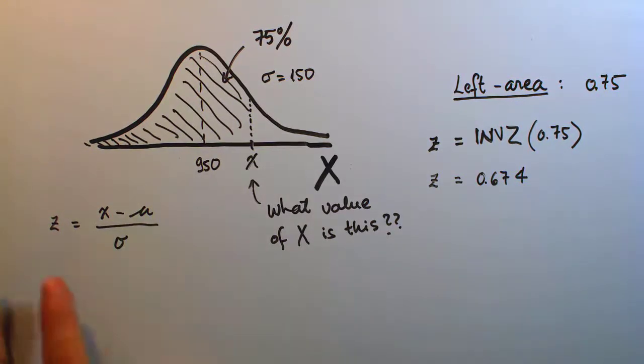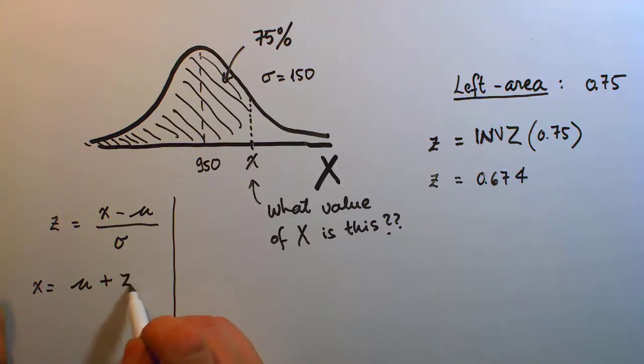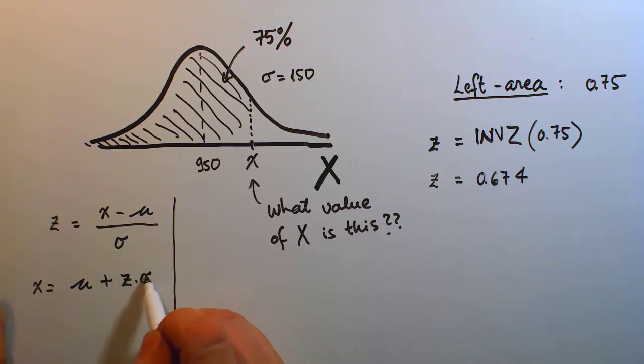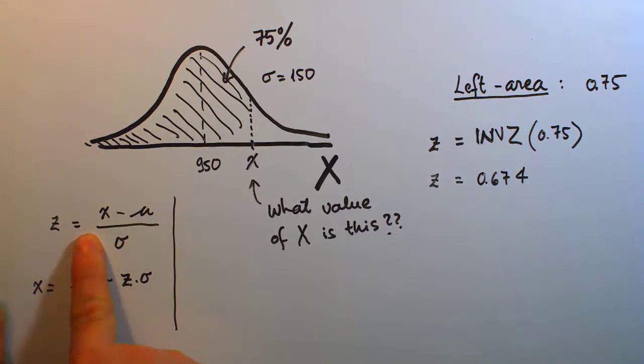Algebraically rearranging this equation, we come to an equivalent version, which says the x value can be calculated as mu plus the found Z-score times the standard deviation. This is simply a rearrangement of our famous Z-score formula.